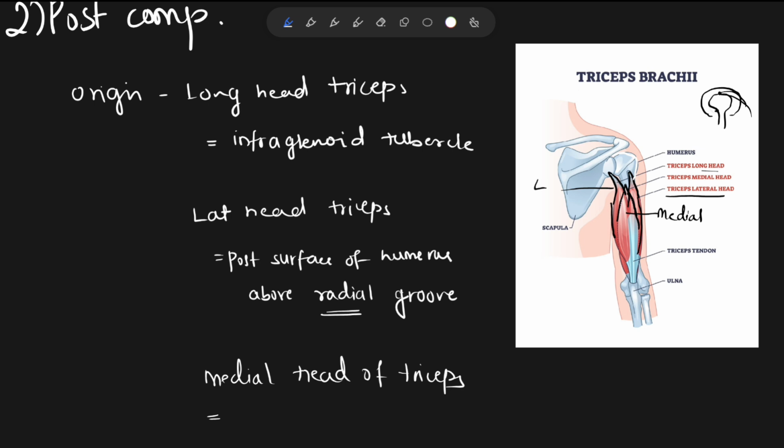See, this is the posterior surface of the humerus, here. So, the posterior surface of the humerus, but below the radial groove. Lateral head above the radial groove and medial head below the radial groove. Okay. So, let's do now insertion.